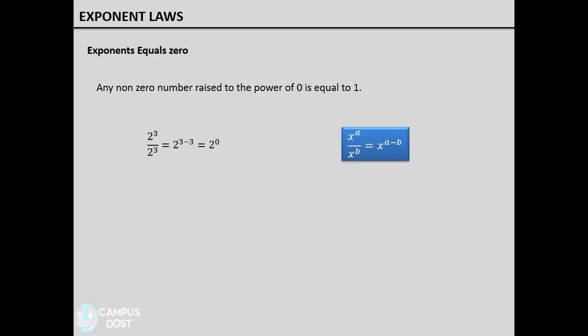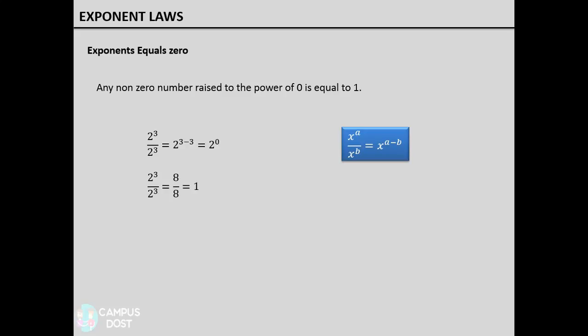Now to see why 2 to the power 0 must equal 1, let's evaluate the same quotient in a different way. Since 2 to the power 3 equals 8, we can rewrite our quotient as 8 over 8, which is equal to 1.